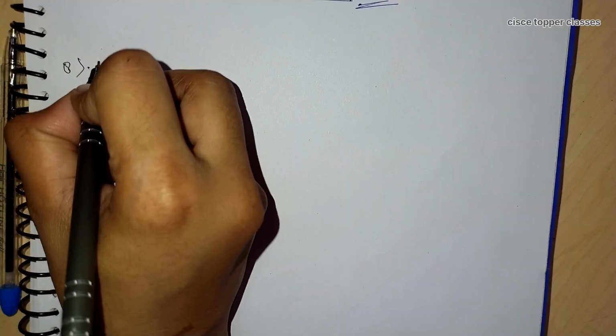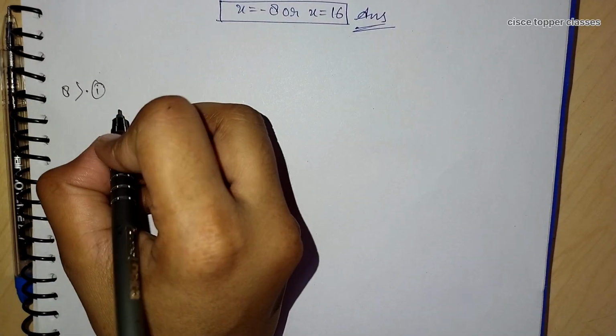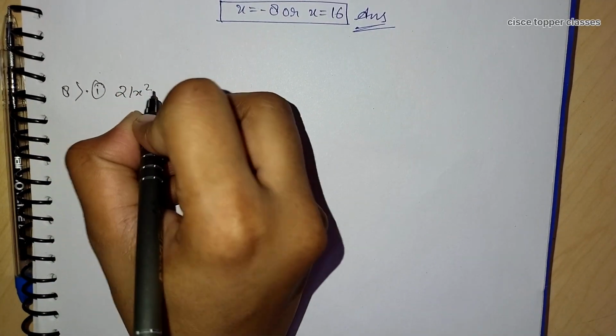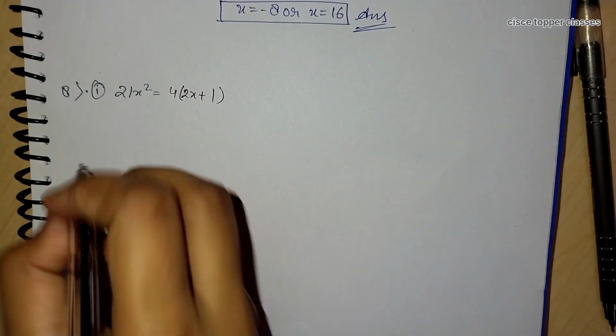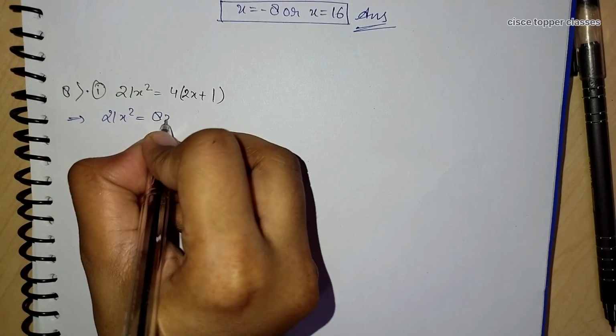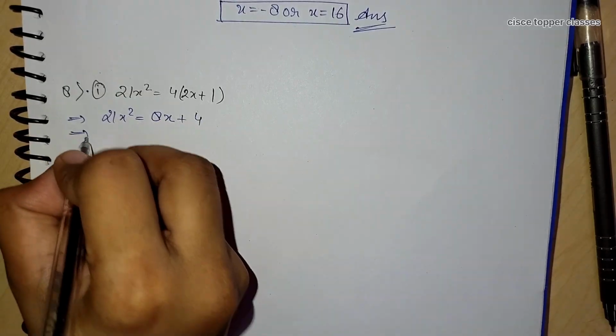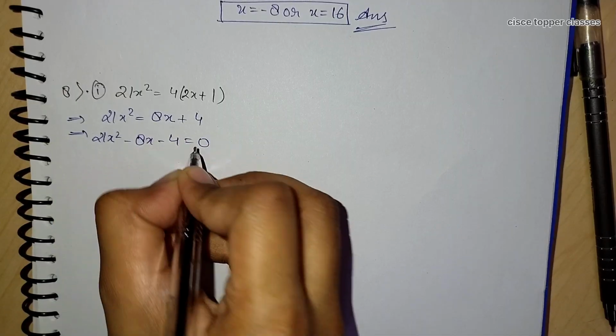Eighth first part here, which is 21x square equal to 8x plus 4. So simply we can solve firstly 21x square equal to 8x plus 4, 21x square minus 8x minus 4 equal to 0.